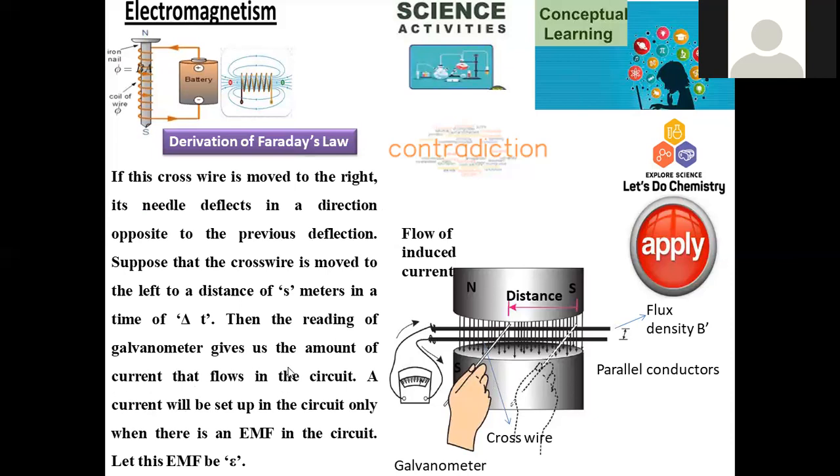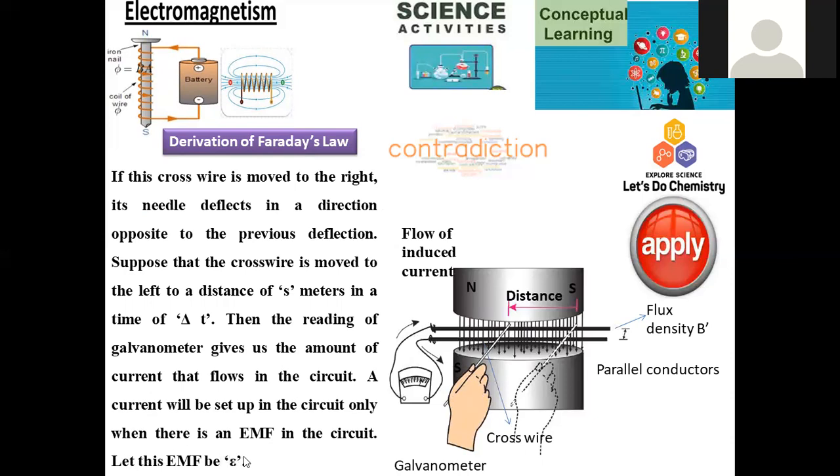Then the reading of the galvanometer gives us the amount of current that flows in the circuit. So whenever all these are connected and shifted towards the left hand side, you can notice to what extent the current is flowing through this closed circuit, through the conducting wires arranged in a parallel manner. A current will be set up in the circuit only when there is an EMF in the circuit.